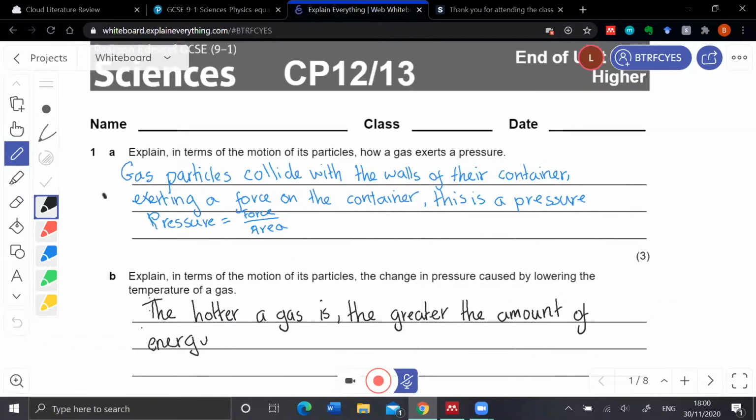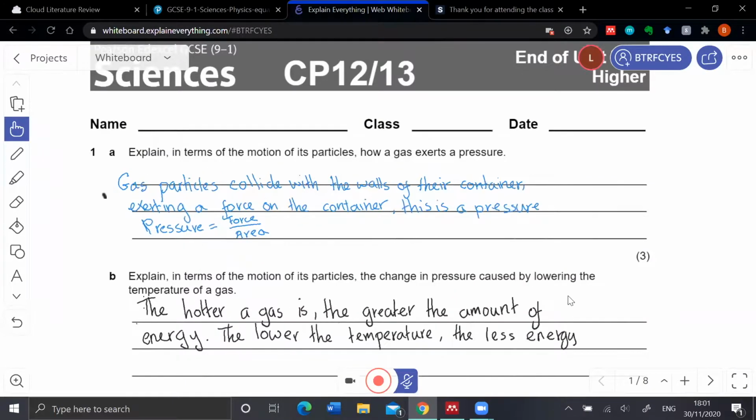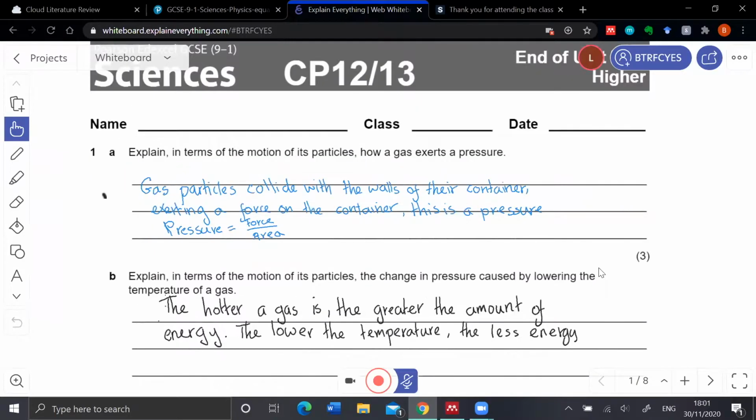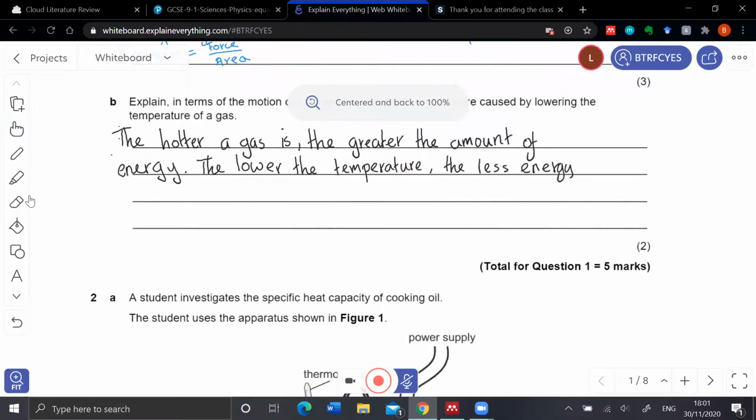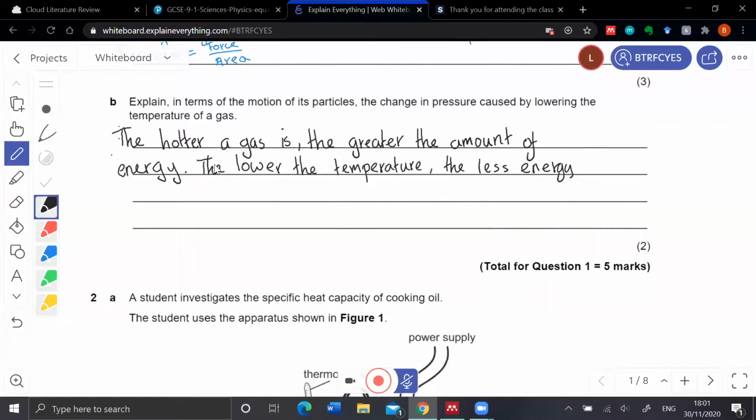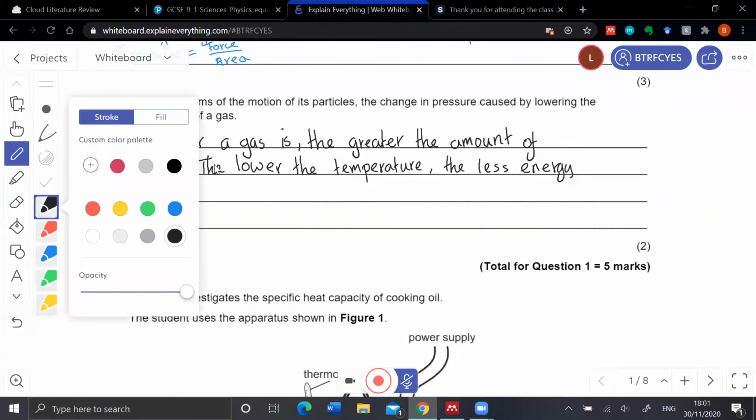The question is about lowering the temperature, so conversely, the lower the temperature, the less energy the particles have.